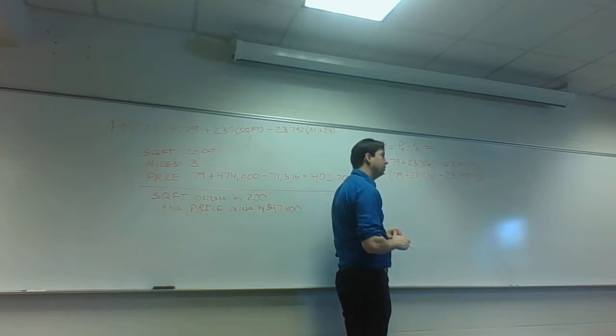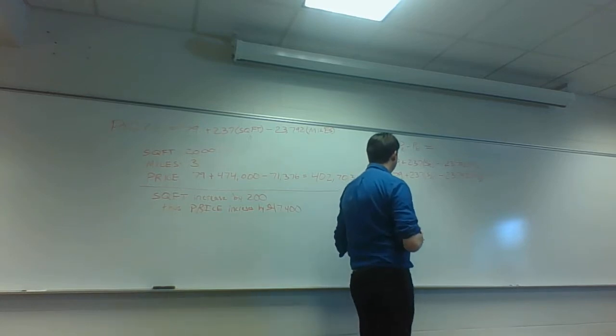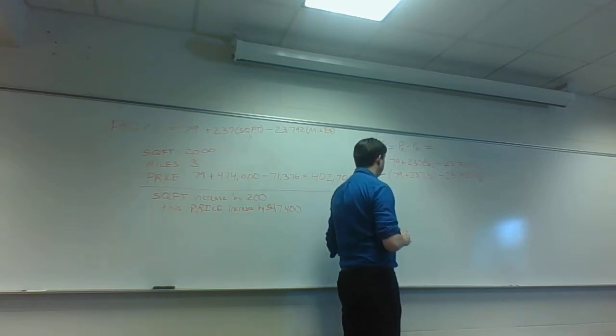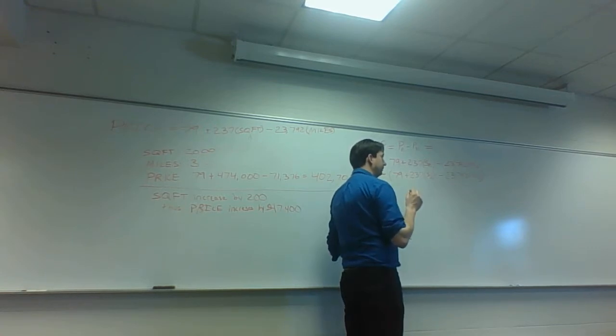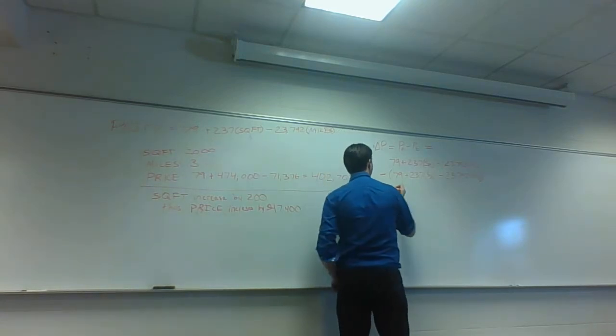Algebraically, what's something I can do here? You can plug in, instead of S before, S now plus 200, and then you'll cancel everything out and distribute the negative. That's what I want to do. Let's start with distributing the negative.